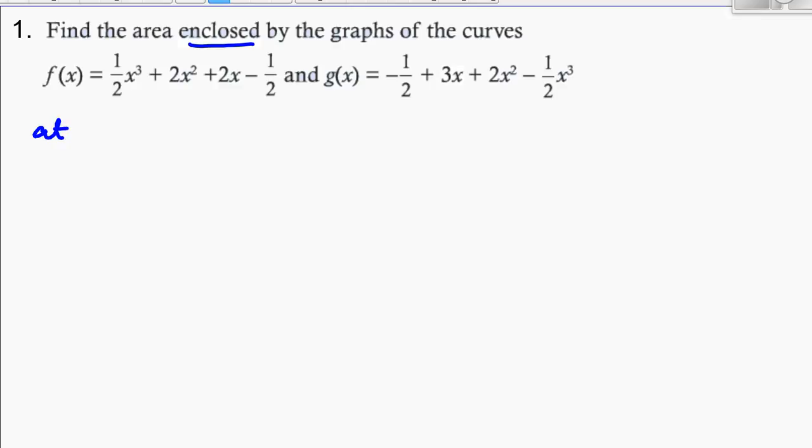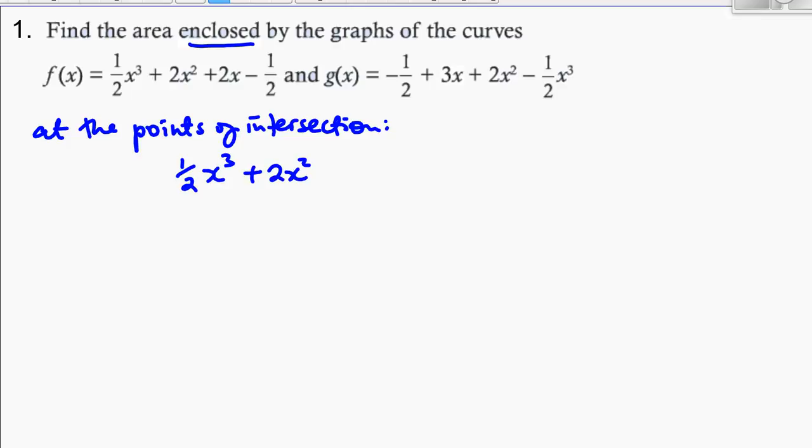So at the points of intersection, we'll have a half x cubed plus 2x squared plus 2x minus a half being equal to the second function.